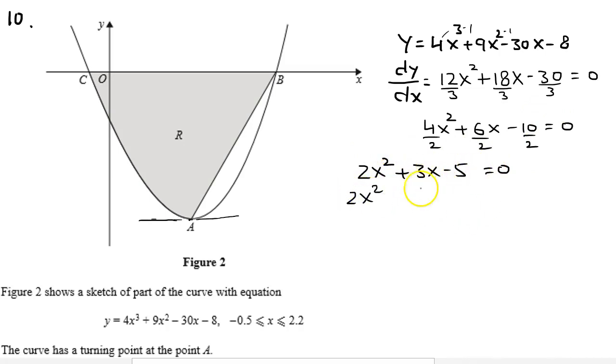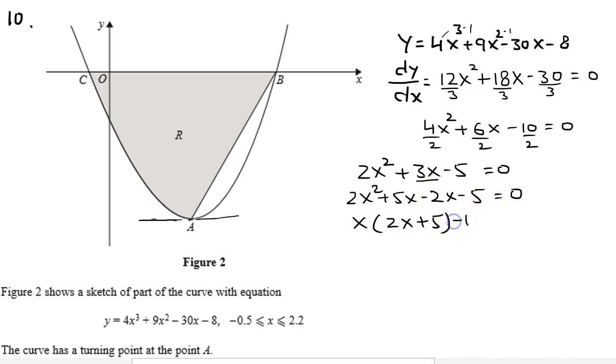So 2x square, this 3 I can write as 5 minus 2, minus 5 is equal to 0. So 2 is not common here, only x is common. So if x is common, the remaining is 2x plus 5.